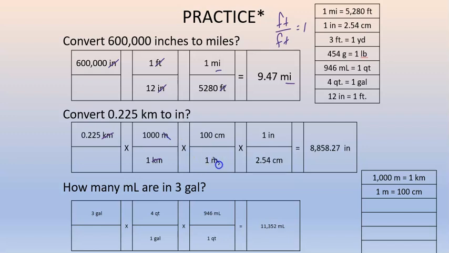Meter over meter. Centimeter over centimeter, I'm left with inches. I want to do the same thing here, and that's going to be gallon, gallon, quart, quart, I'm left with milliliters. Okay, and that's how that works. Hopefully that helps, and you now know how to do more than 1 unit for conversion.